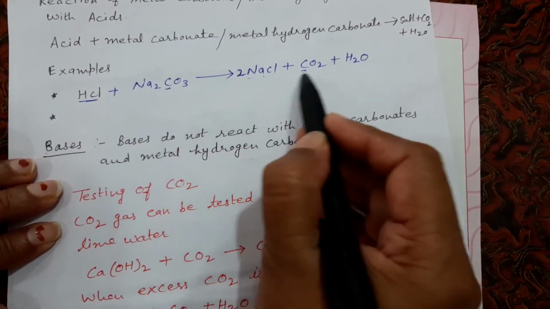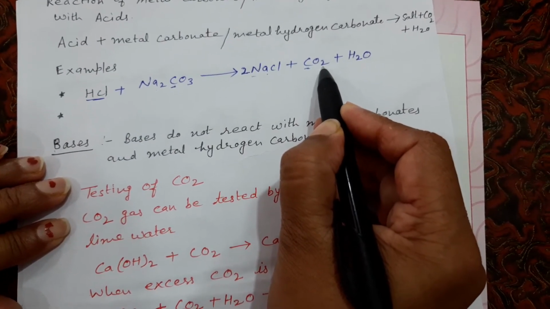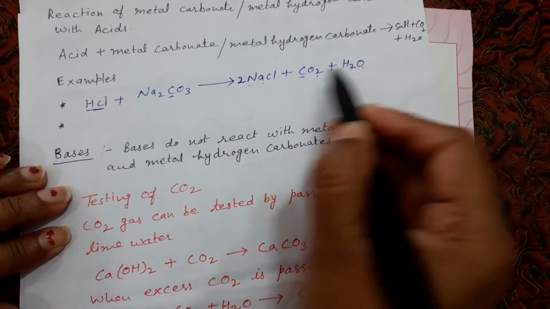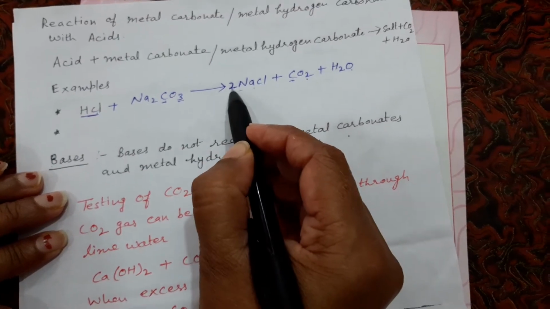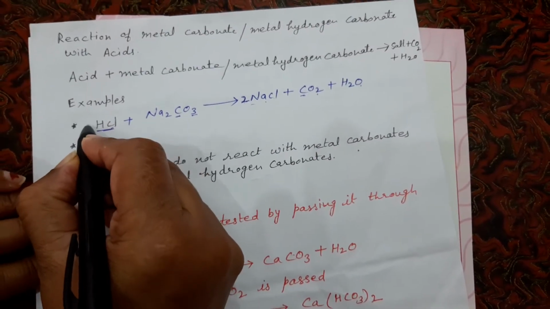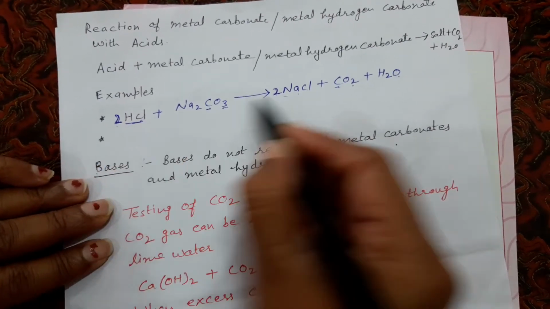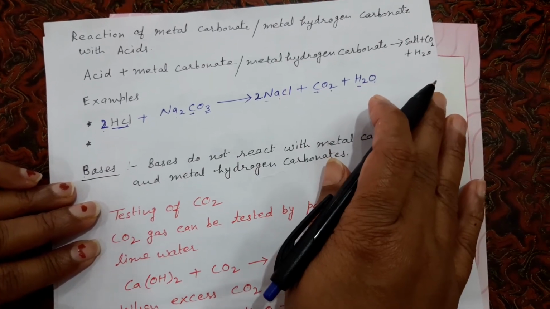Now, oxygen: here 2 and here 2 and 1 is here, 3 and 3. Cl, chloride: 2 are here and 1 is here. We put 2. Now hydrogen 2 and hydrogen 2. Now this is a balanced equation.